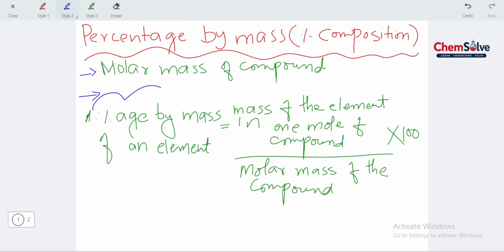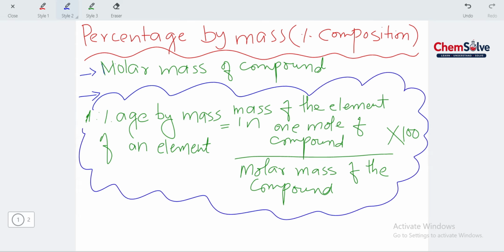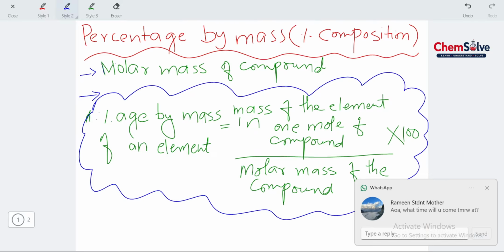So this is the formula. You need to remember this formula for the solution of these type of questions, percentage by mass. Okay, so keep this formula in your mind, and now we will move towards the question.